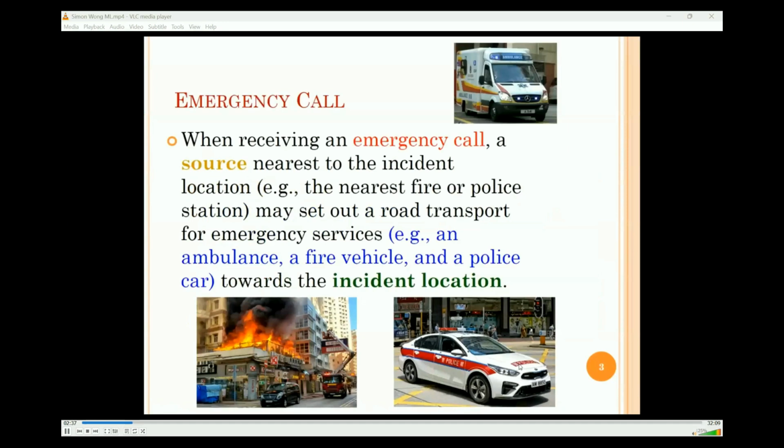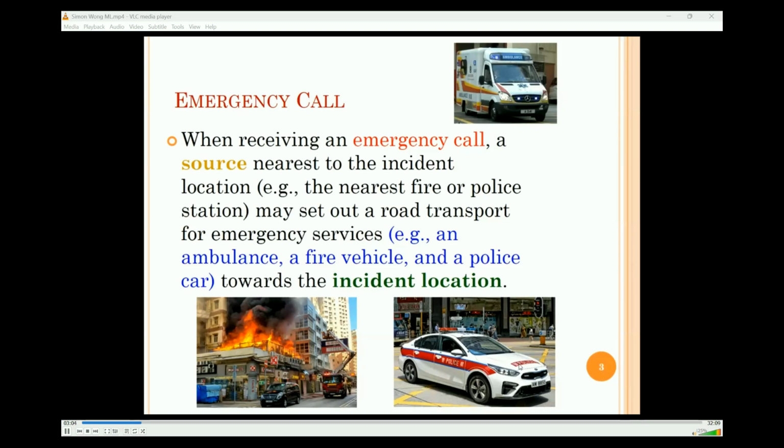Now in Hong Kong, when a call center receives an emergency call, a source nearest to the incident's location may set out a road transport for emergency services towards the incident's location. The incident may be a fire, a crime, or an accident.